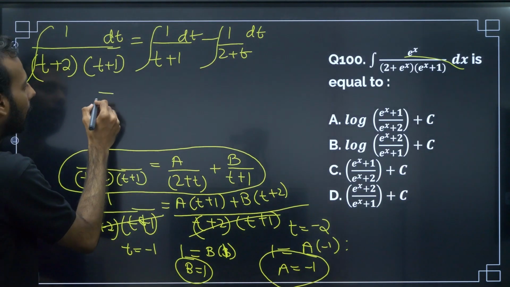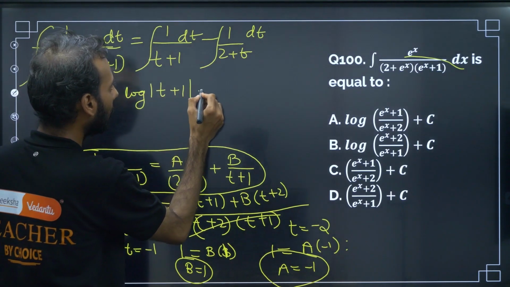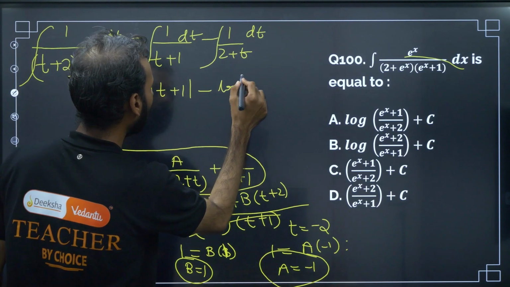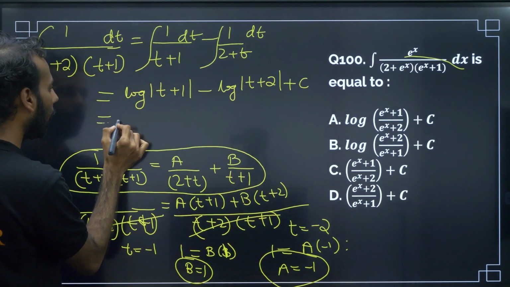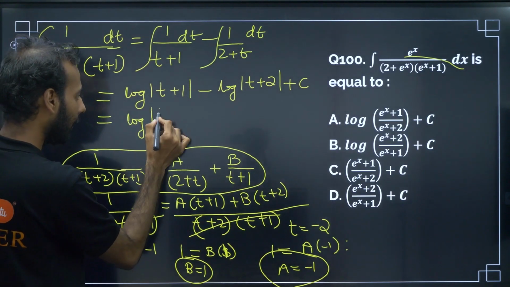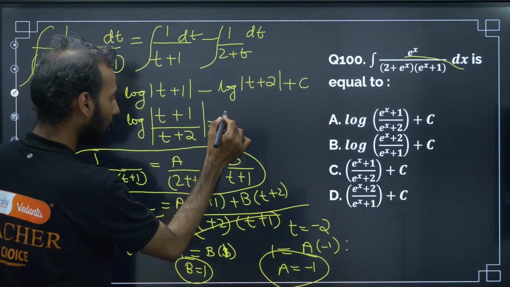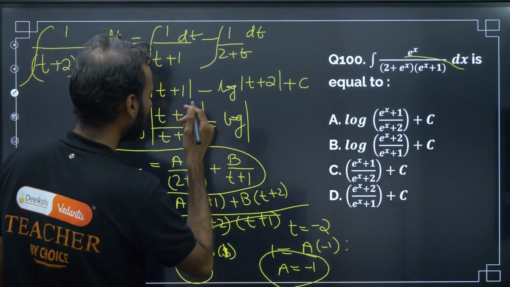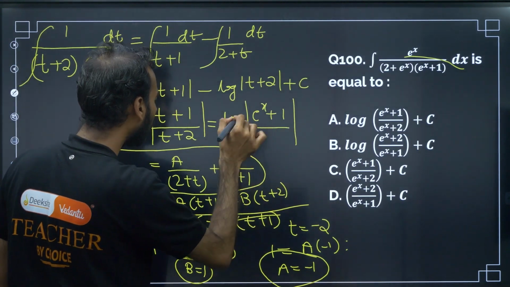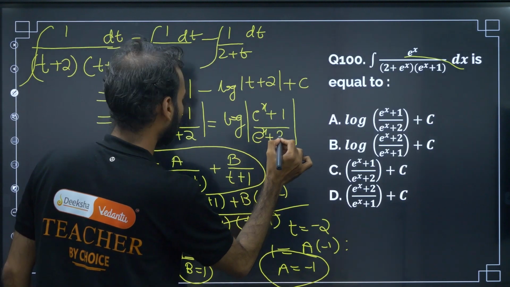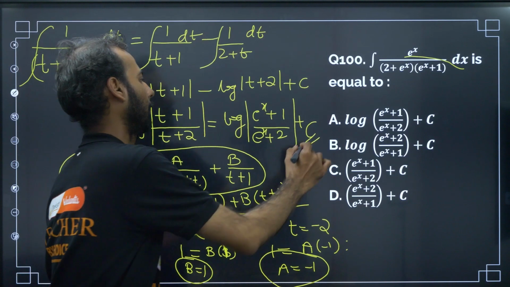So what I'll write is log mod t plus 1 minus log mod t plus 2 plus c, which is log mod of t plus 1 by t plus 2. t was a new variable introduced by us, so we'll remove it and go for resubstitution. So this becomes log of e raised to x plus 1 by e raised to x plus 2.